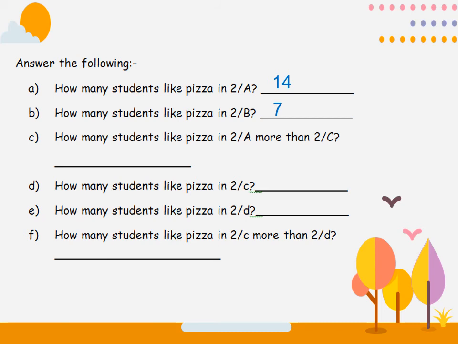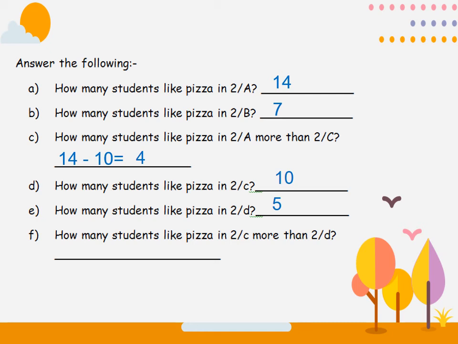More than? This means we will make a subtraction. 2A minus 2C, which is 14 minus 10, equals 4. Excellent. 2C, how many students like pizza in 2C? 10. How many students like pizza in 2D? 5.